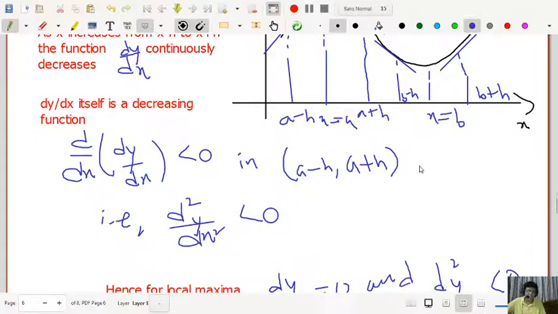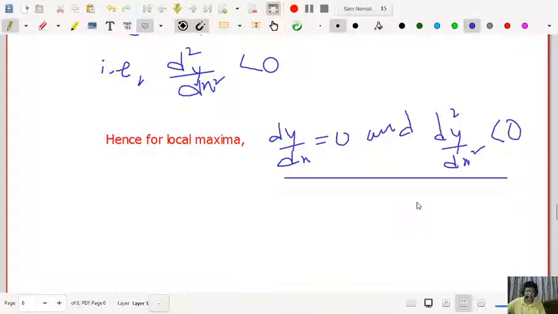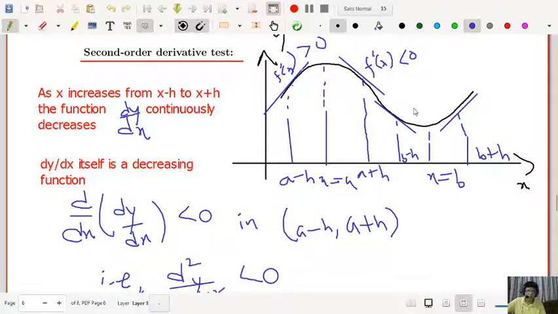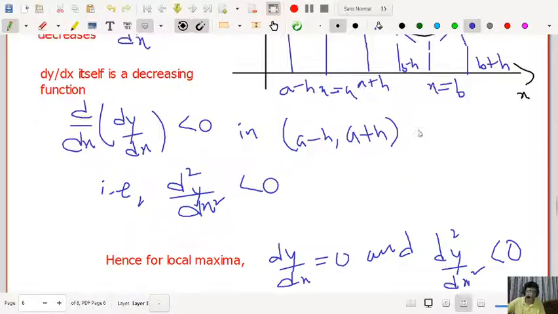So a similar conclusion can be made for the minimum. In that case it will be d2y/dx2 greater than 0 in the interval. Similarly you can explain, as x increases from b minus h to b plus h, the function dy/dx continuously increases. So dy/dx itself is an increasing function, so that is why d2y/dx2 is greater than 0 for minimum.